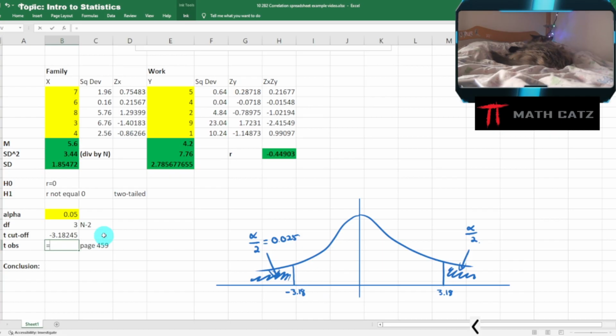It's going to be the correlation coefficient, which sits over here for us, divided by the square root of a whole bunch of stuff. So what you could do is close the bracket to make sure all your brackets are good, then go inside of it. Then I have to add another bracket divided by another bracket.